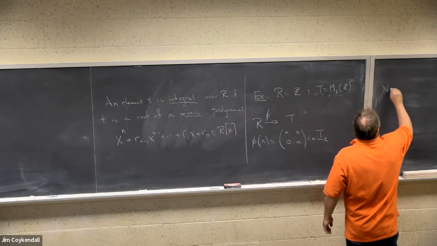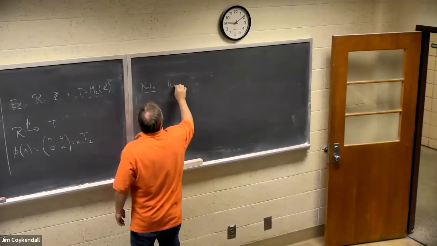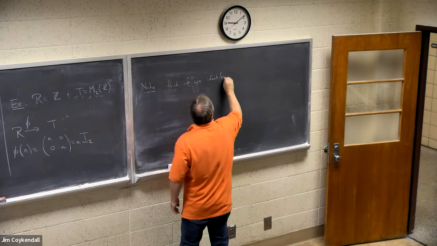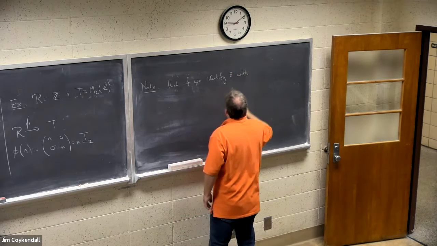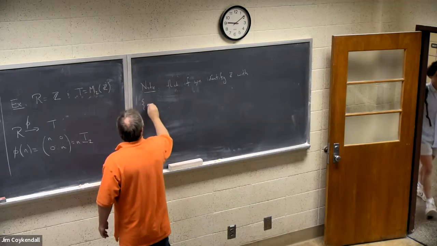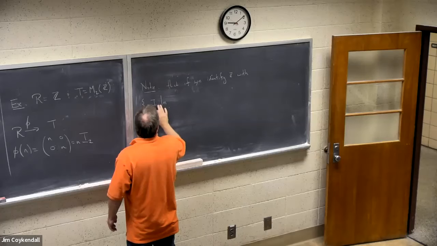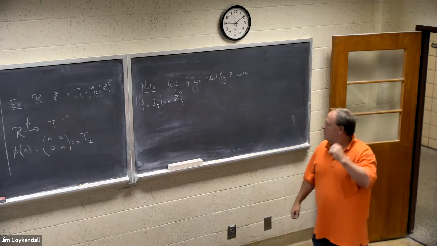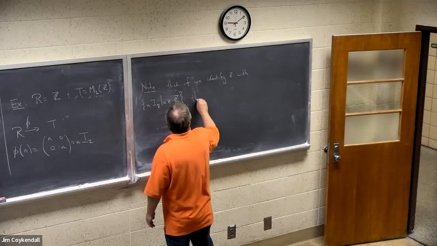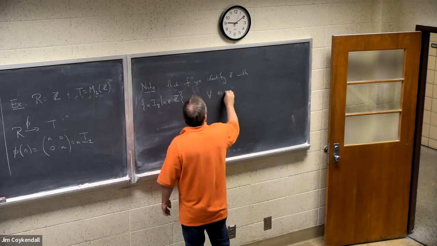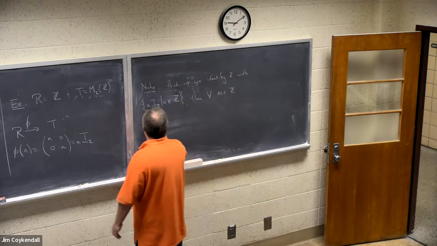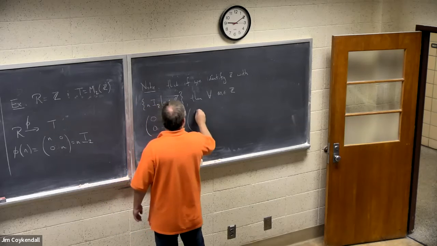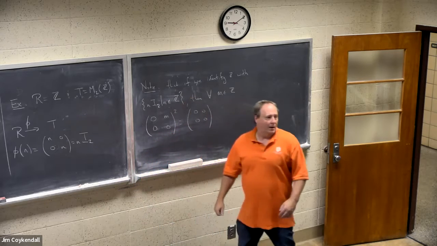Integral. Note that if we identify Z with the subring, then notice that for all m in Z, the matrix [[0, m],[0, 0]] squared is [[0, 0],[0, 0]], right?